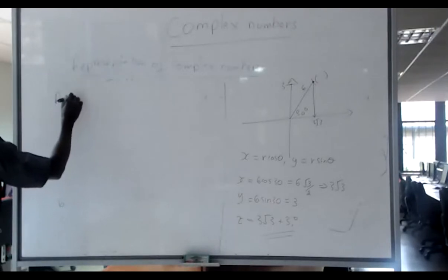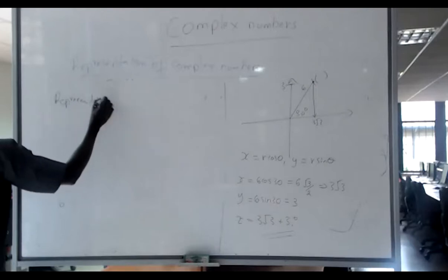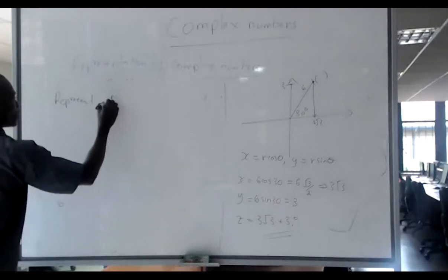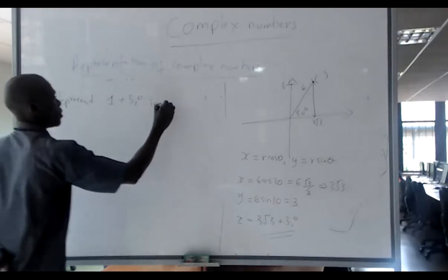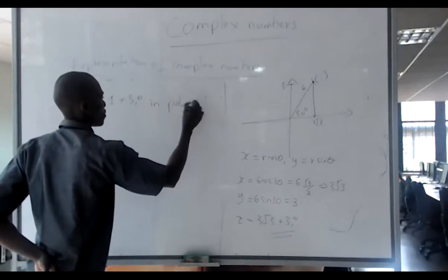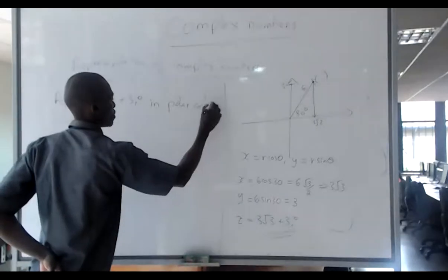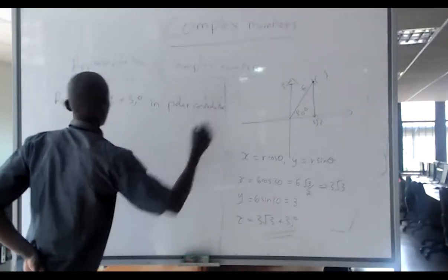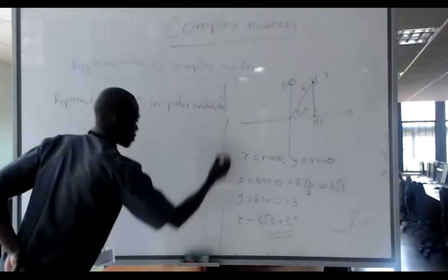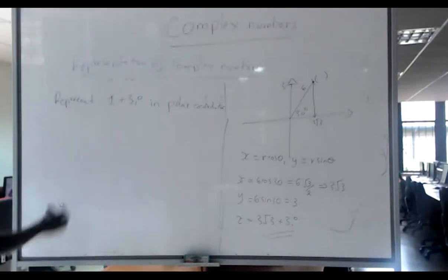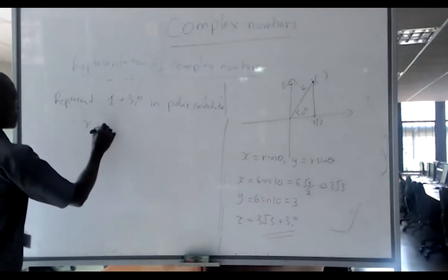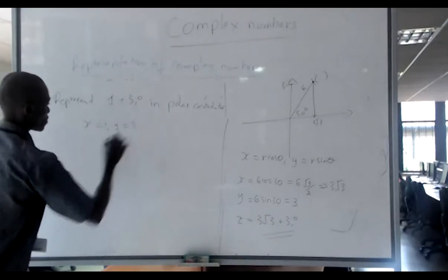Represent 1 plus 3i in polar system. Polar coordinates. So in this case, the real part is 1, the imaginary part is 3. So here x is 1, y is 3.